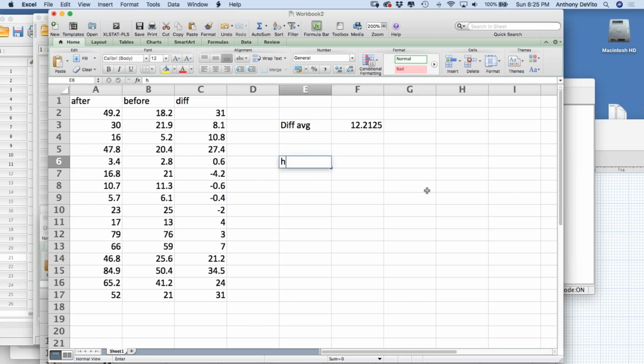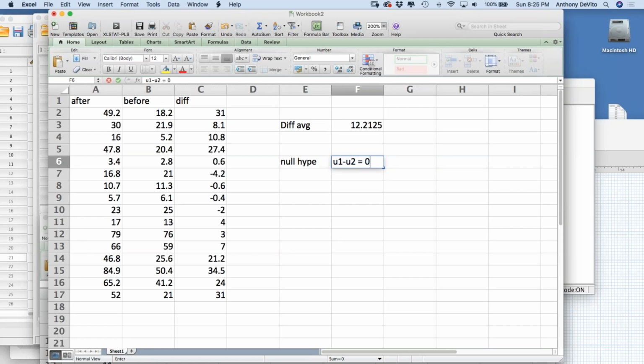What's my null hypothesis going to be? Right? My null hypothesis is going to be that the difference between these two, in other words mu1 minus mu2, is equal to 0. In other words, there's no difference. Nothing changed.